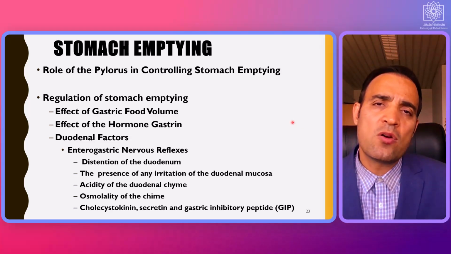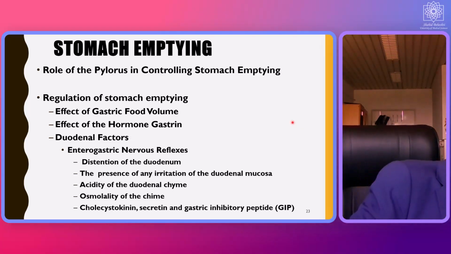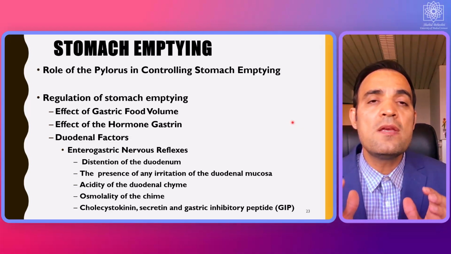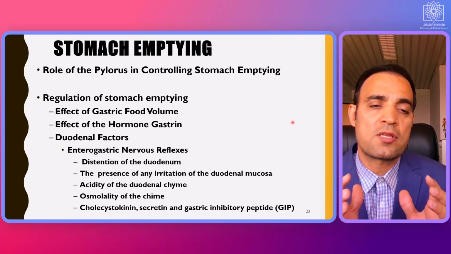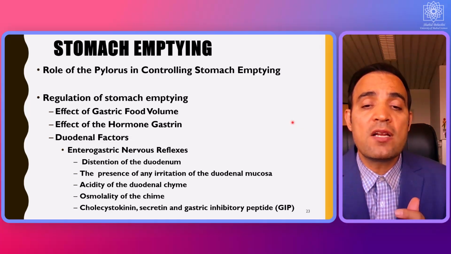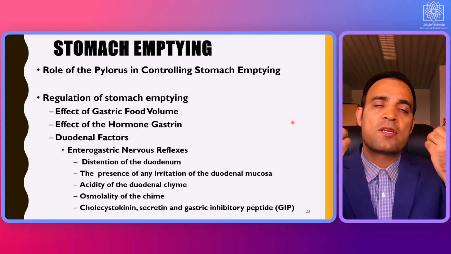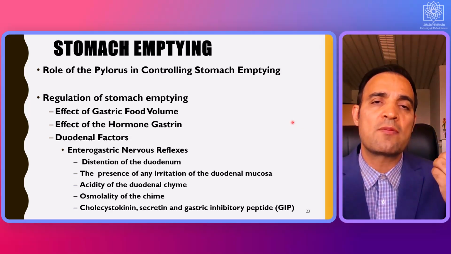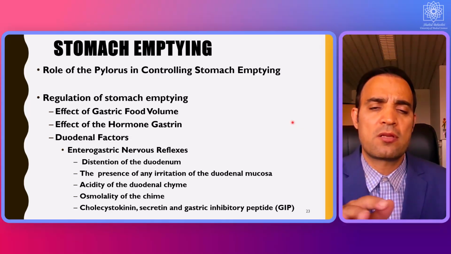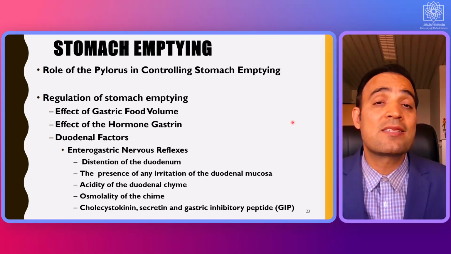For example, the duodenum that is stretched, the duodenum that is irritated, will be releasing some hormones such as cholecystokinin, secretin, and gastric inhibitory peptide, and you know that these hormones will return to the gastric mucosa and gastric muscle and inhibit its contraction. And also, I am not going to open this chapter, but they also inhibit the gastric secretions.